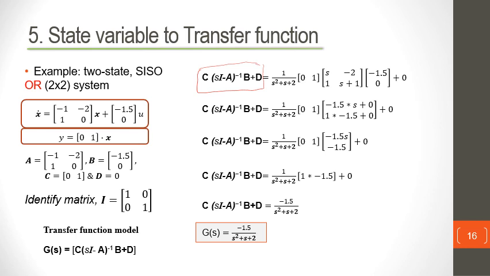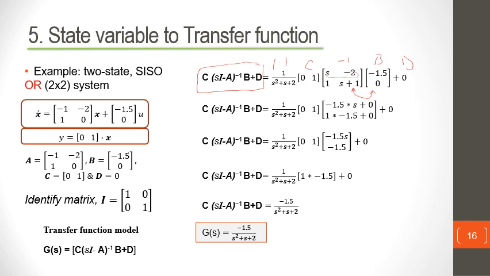So we already know that this is the value of C. This is the determinant, and together with this they make up the inverse, and then this is B and this is D. So to compute the matrix multiplication, we take these two matrices together and we multiply a row by a column.